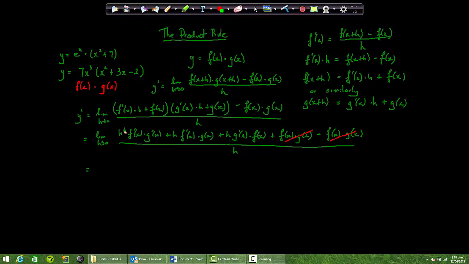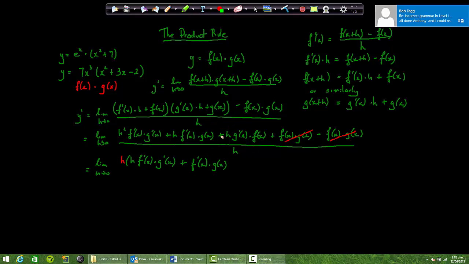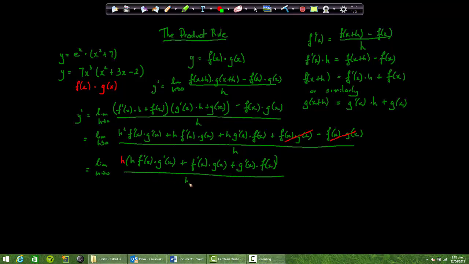We take that h out and have h f dash x times g dash x, and taking h out from this would leave f dash x times g(x), and h as a common factor out of that would be g dash x times f(x), and that is all over h.